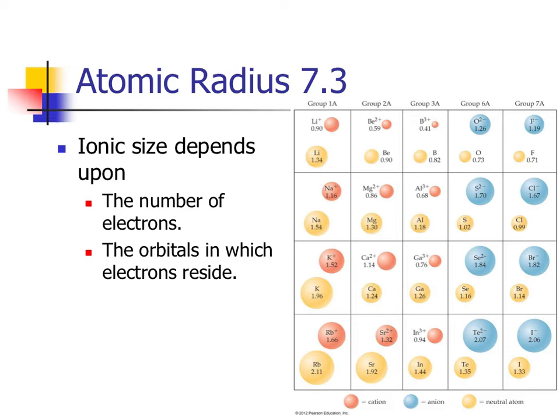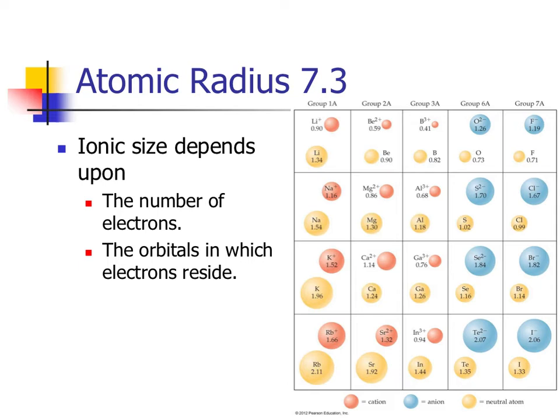To allow for those electrons to repel each other, they have to get bigger. And so the atomic radius gets bigger. The numbers that we can see here are the actual atomic radius for those elements. Those are tabulated values. They can be found in your text and or other reference material.